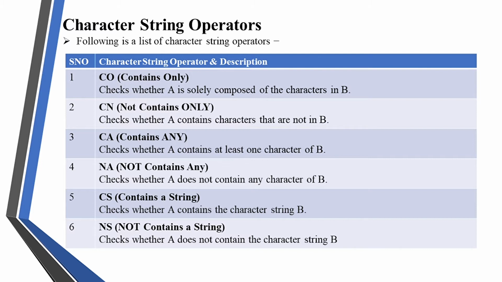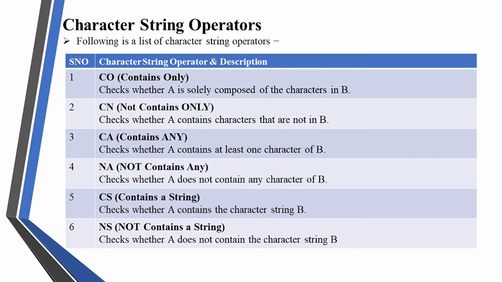Like that we are going to see. For example, there is a string called abap, whether abap has an a or not. Like that we are going to operate on the string. So for that we have different string operators. Those are called character string operators.